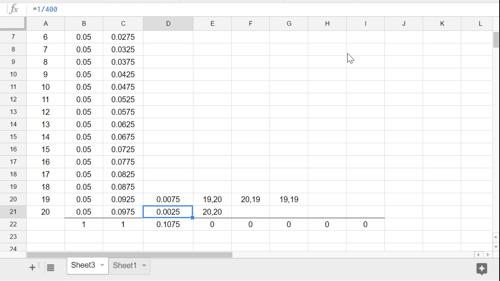Yeah, maybe we can just do 20 minus n plus 1, over 400. So that's 0 plus 1 over 400. This is going to be 1. 20 minus 19 is 1, times 2.